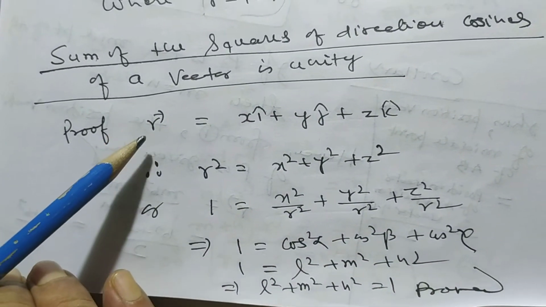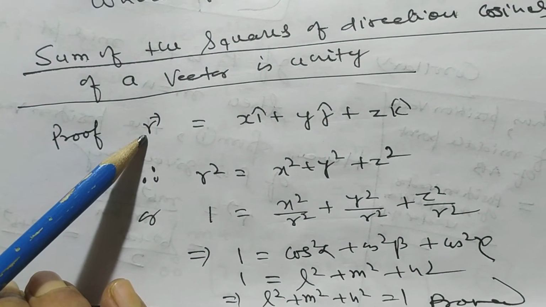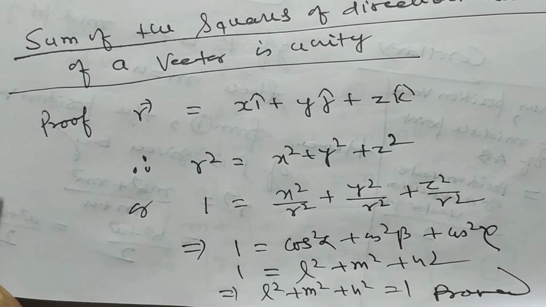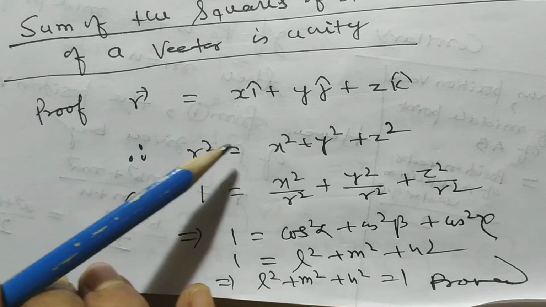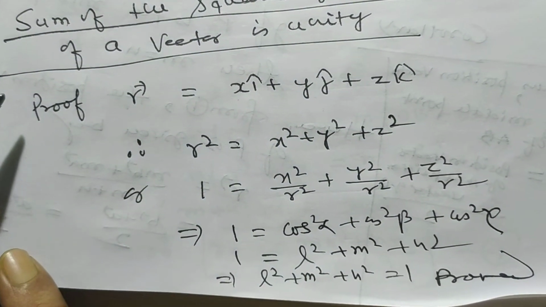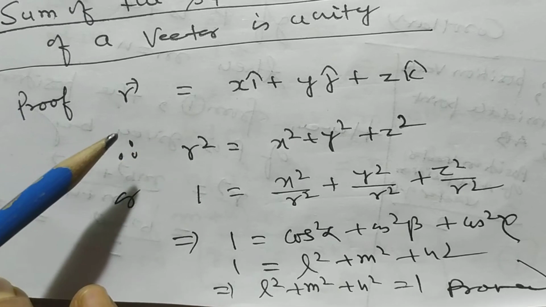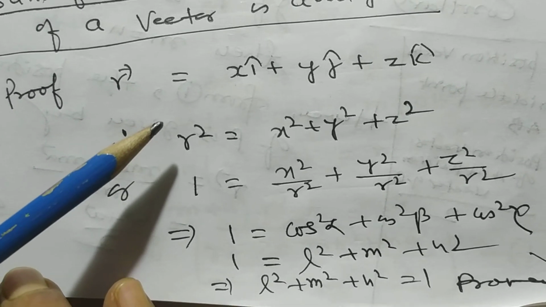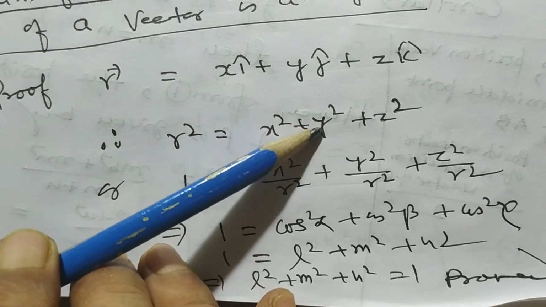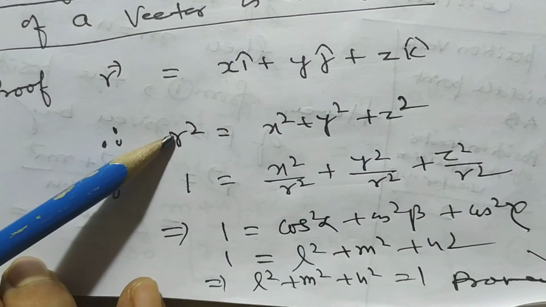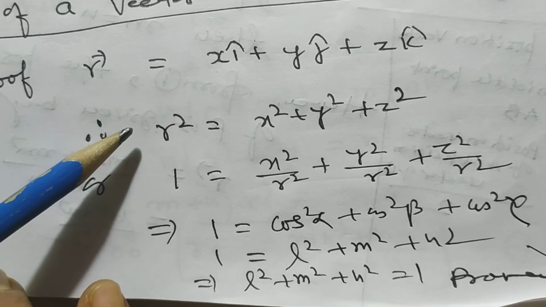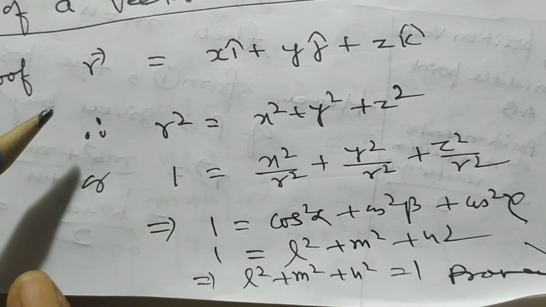We have to prove this. Now we know that vector R is equal to xi plus yj plus zk. And we know that R square is equal to x square plus y square plus z square, the distance of a point from the origin, where R is the distance from the origin to that point OP.